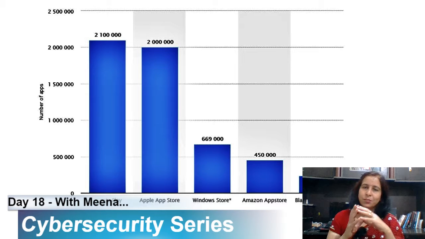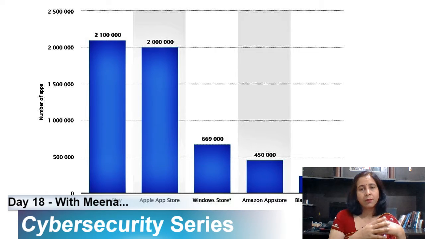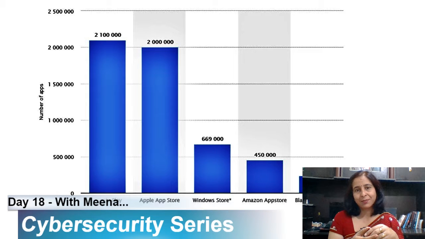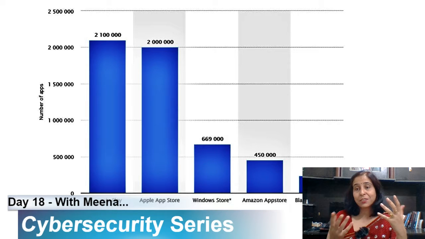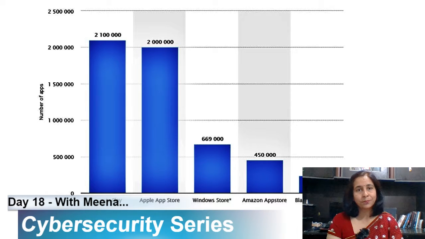Now the question comes: people download and use different types of apps, but which type do they spend the most on? Most users spend on apps for entertainment, whether games, movies, or chatting.